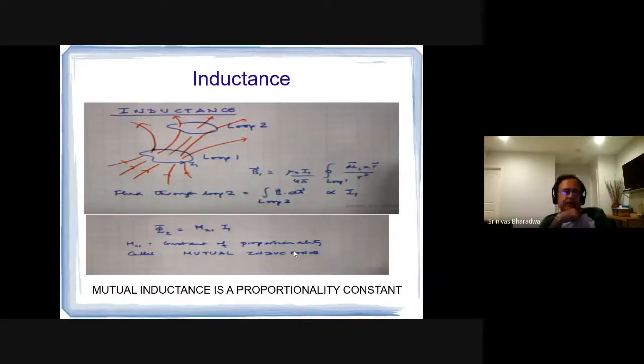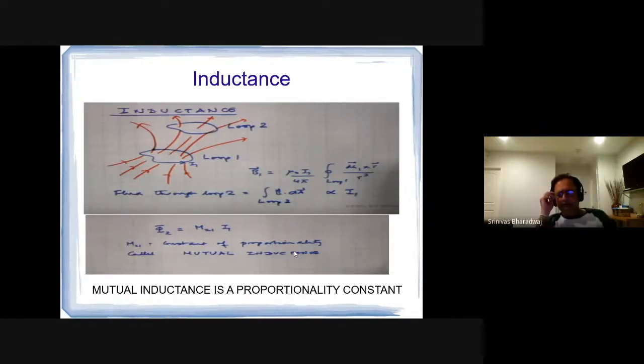You have two sides, and the flux is caused by one current on one side, which causes a magnetic field, which then induces the current on the other side. So that is the traditional case of where inductance is used.